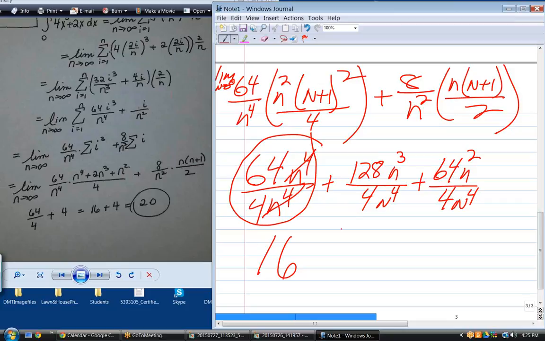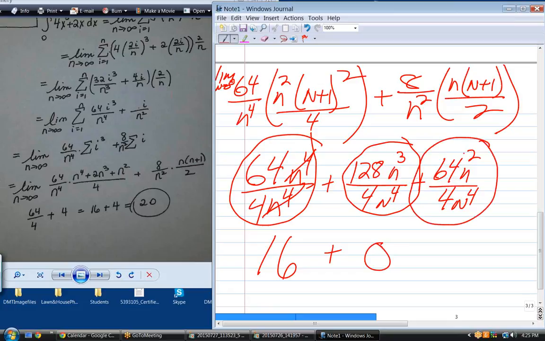When n goes to infinity here, the denominator blows up more than the numerator because I got a net n in my denominator. So that goes to 0. Same thing with that term. I got an n to the fourth in the denominator and an n squared in the numerator. That's going to go to 0 also.